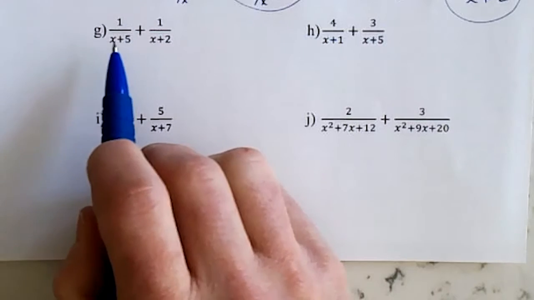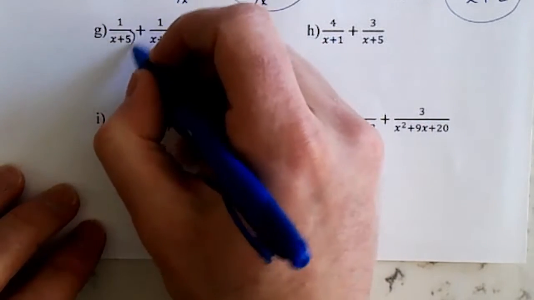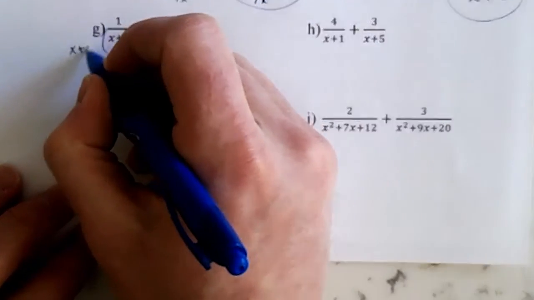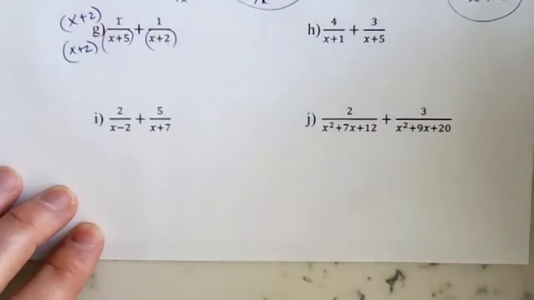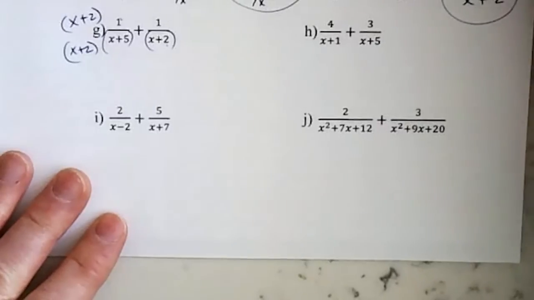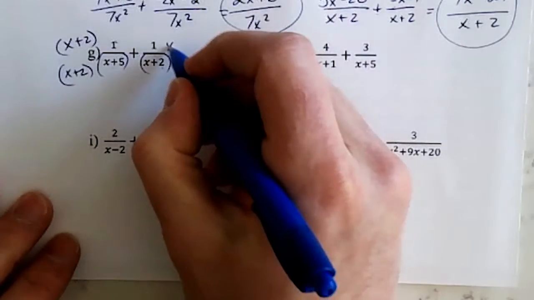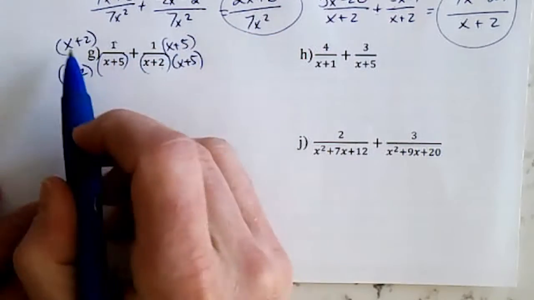Now we get to ones where the denominator is not the same. So to make it the same, this x plus 2 needs to come over here. And I have to multiply the top and the bottom by x plus 2. The x plus 5 comes over here. And so I'm going to multiply.